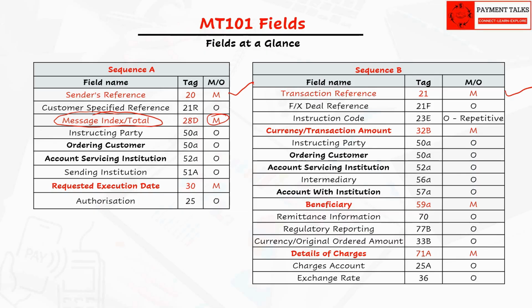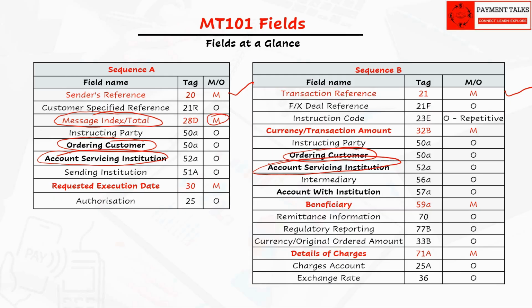Next, I made some fields bold. These are the fields which you need to concentrate on and remember. In these, ordering customer and account servicing institution are nothing but the debtor and debtor agent sections. They are available at both message and transaction level and only one can be present.